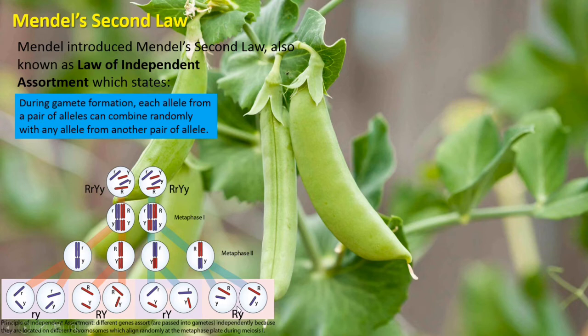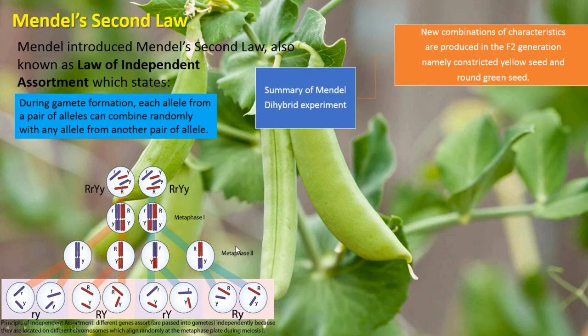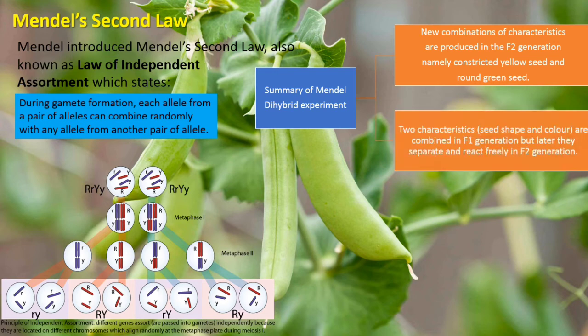So summary for Mendel dihybrid, new combinations of characteristics are produced in the F2 generation, namely constricted yellow seed and round green seed. The 2 characteristics, seed shape and color, are combined in the F1 generation, but later they separate and react freely in the F2 generation.